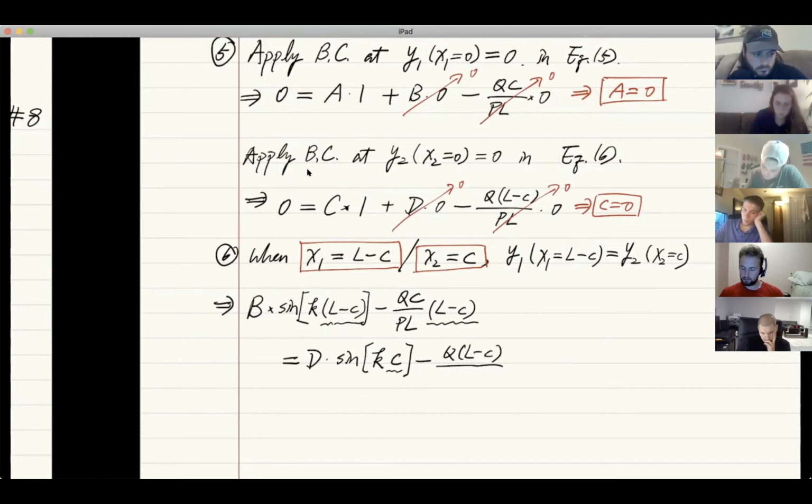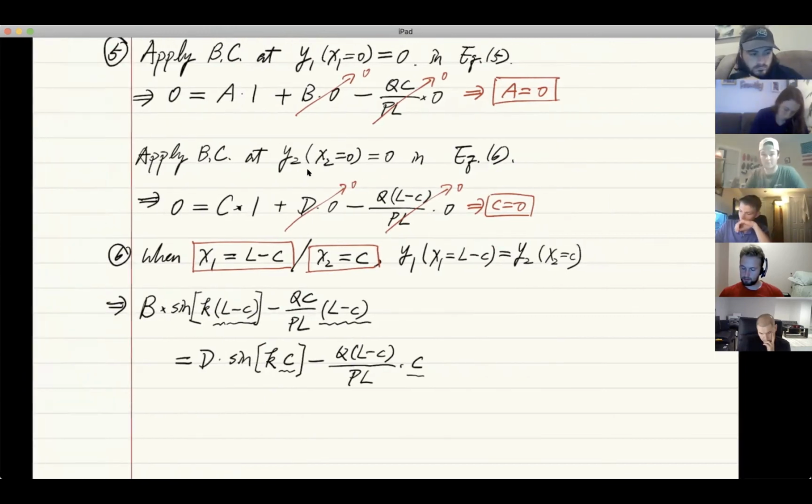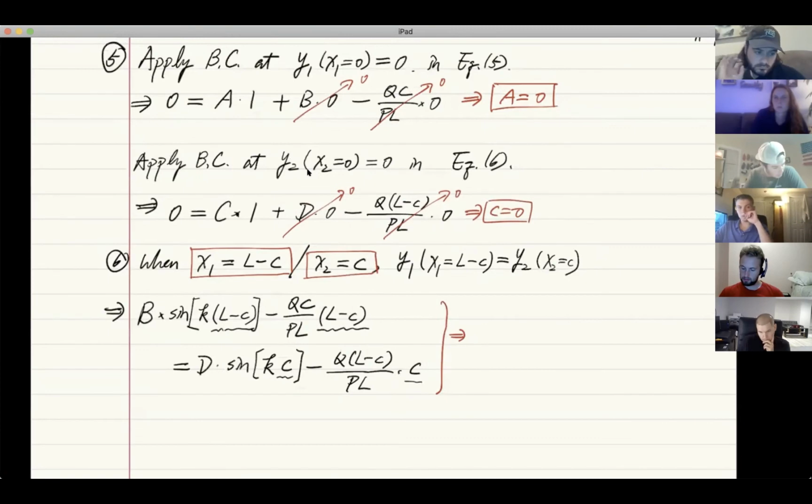L minus C divided by P and L and times C. So this C and this C here, they were where the x2 used to be. So this kind of equation is what we call the compatibility condition.